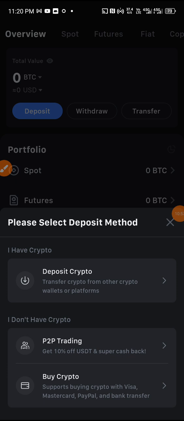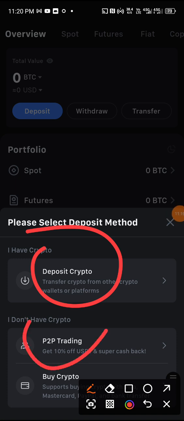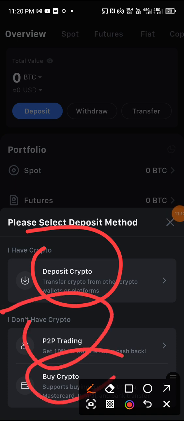Or P2P trading and buy crypto. These are the three methods by which you can fund your account on MEXC. First is the crypto, second is the P2P, and third is the buy crypto. It supports MasterCards and the others, but not everywhere.